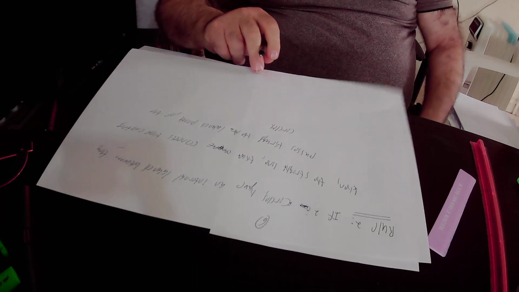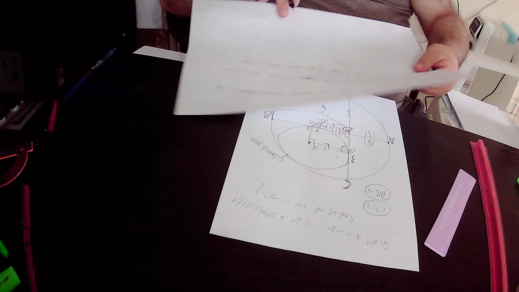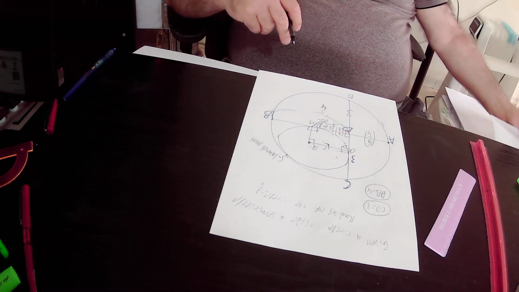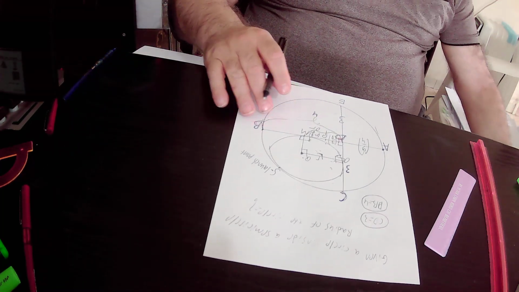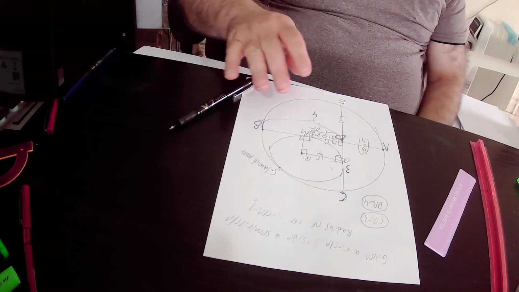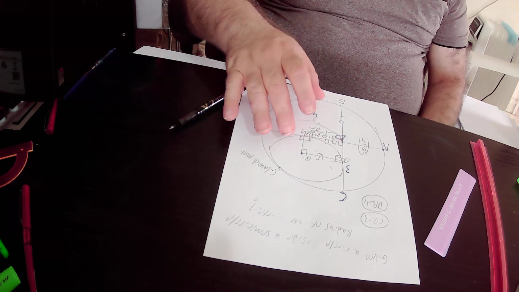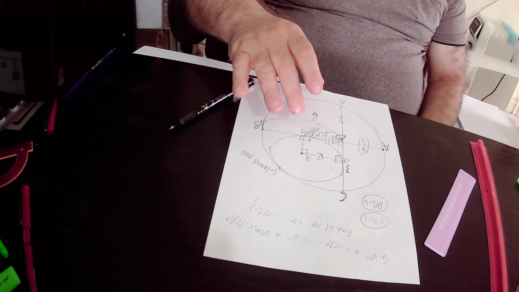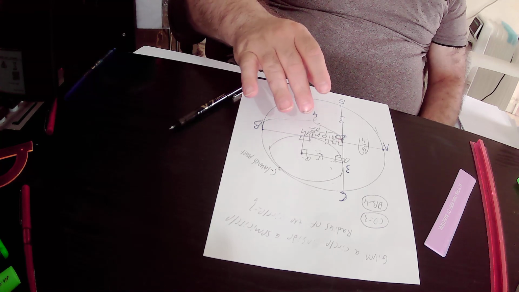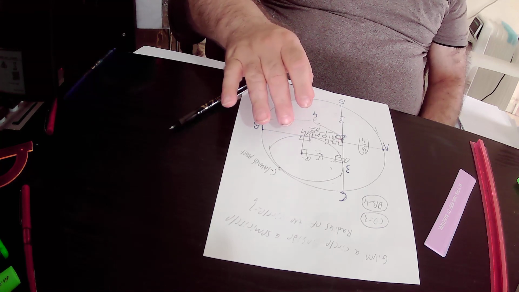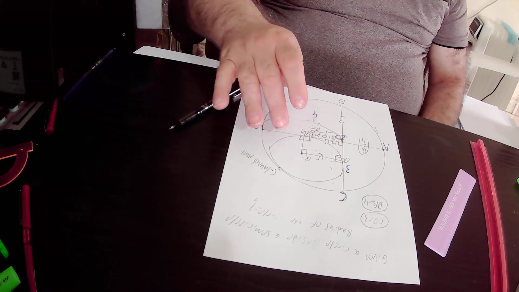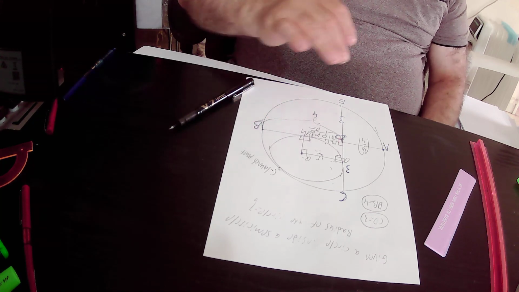So actually, according to rule number 2, those two circles have an internal touching between them at point S. Why? Because the small circle is located inside the big circle, and those two circles are touching each other internally at point S. Point S is the touching point.